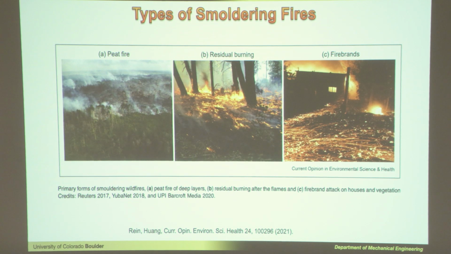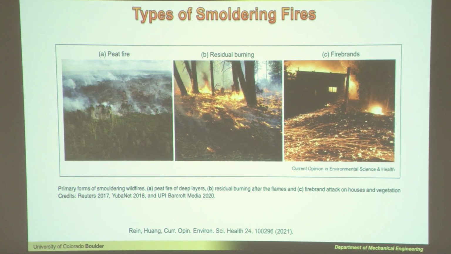It's really hard to put these things out, and they pollute a lot. And then there's the flaming fire. But if you have the residual, as it's starting to go out, it can turn into a smoldering fire. You've probably seen this, your campfire is still smoldering and emitting smoke, even though you're not seeing big flames coming out.